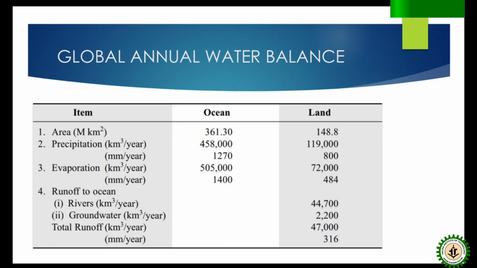Then there is evaporation data, and runoff to the oceans. There will be no runoff from the ocean because water will run off into the ocean, so the runoff is from land. Under land it is given how much is from rivers, how much from ground, and total runoff. Everything is given here. So this is the annual water balance.